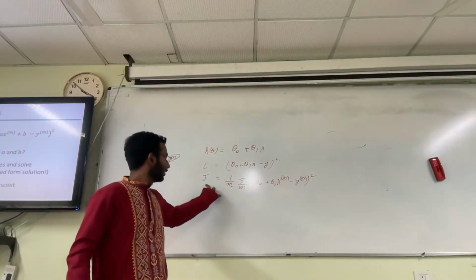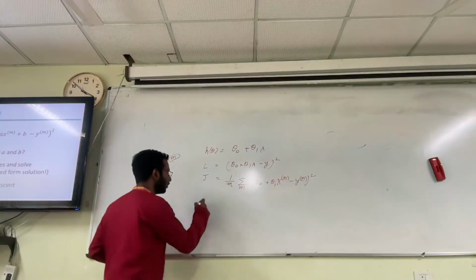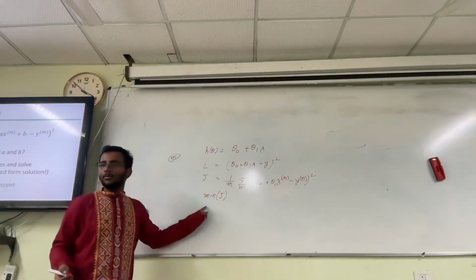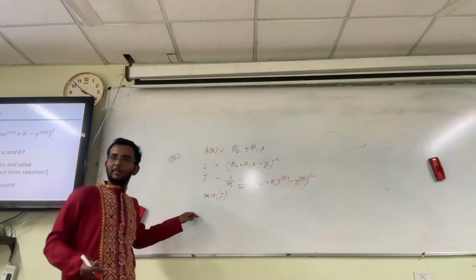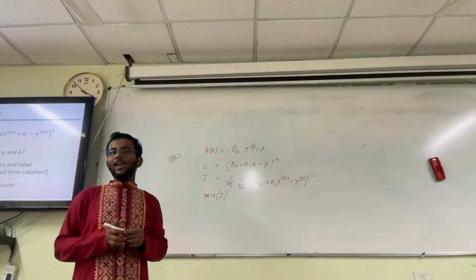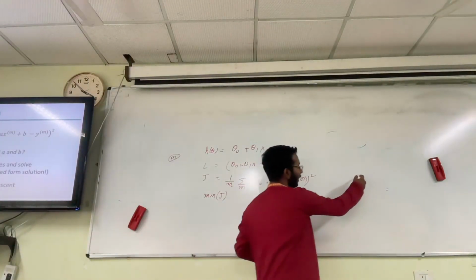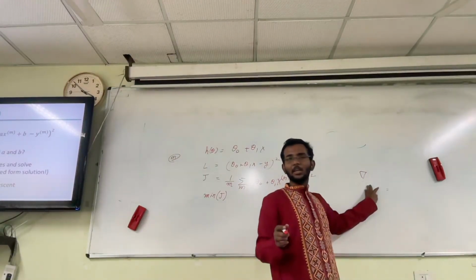So this is the J. Now what we have to do is minimize this J. So what will we find? We will find the minimum of J. What does minimizing a function mean? It means we operate something. Everybody is familiar with this operator, I guess. This is the delta operator, the del operator.